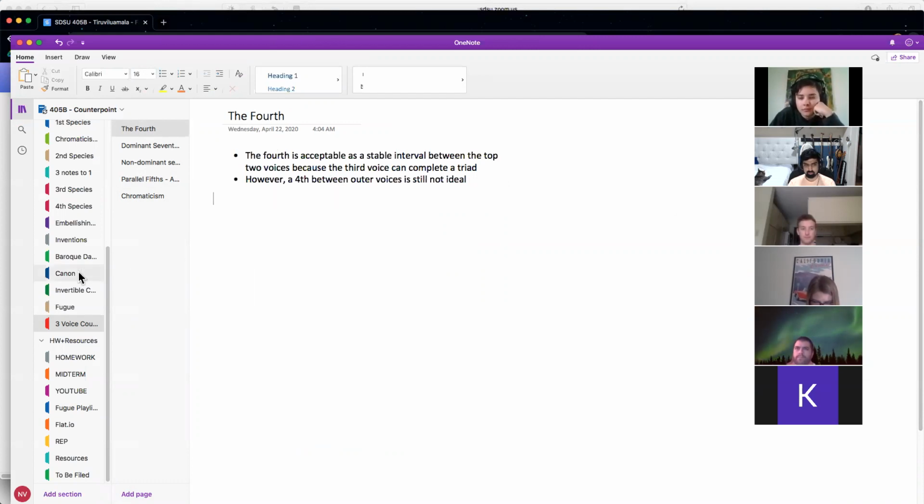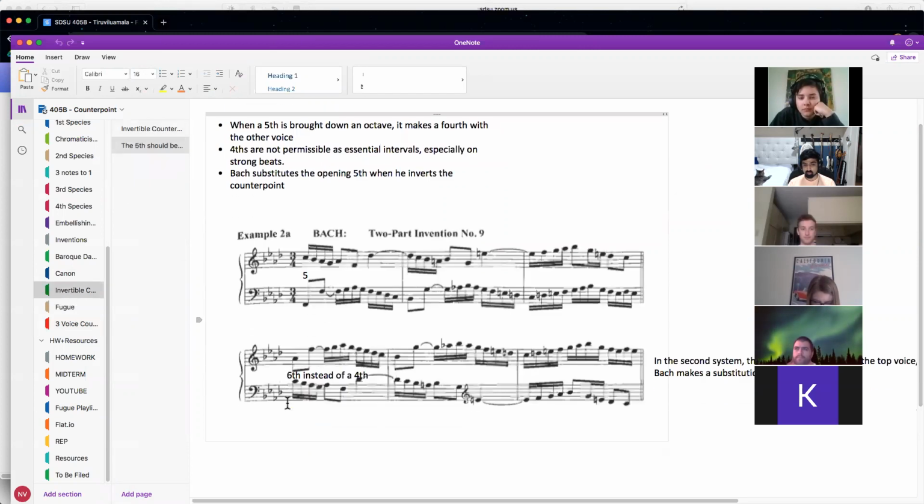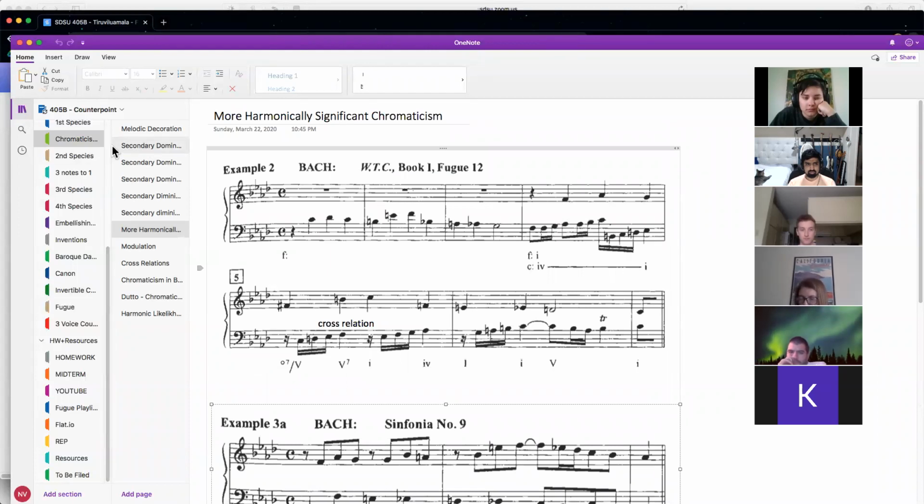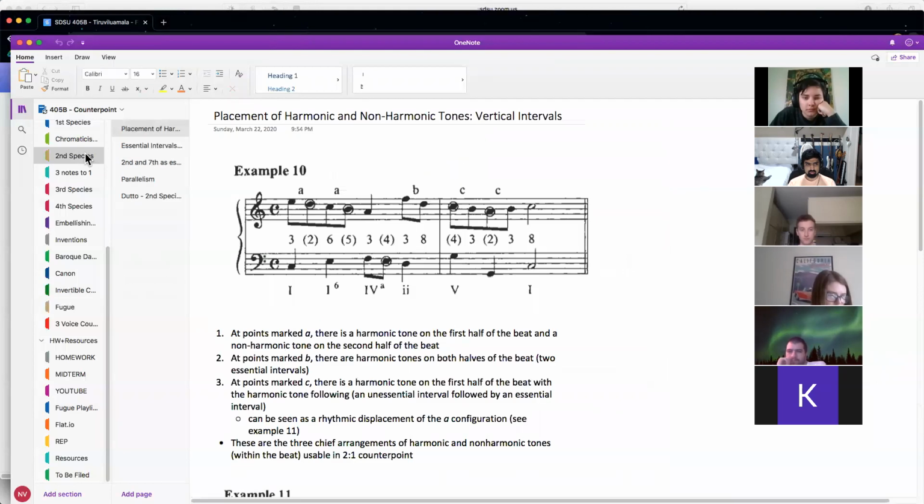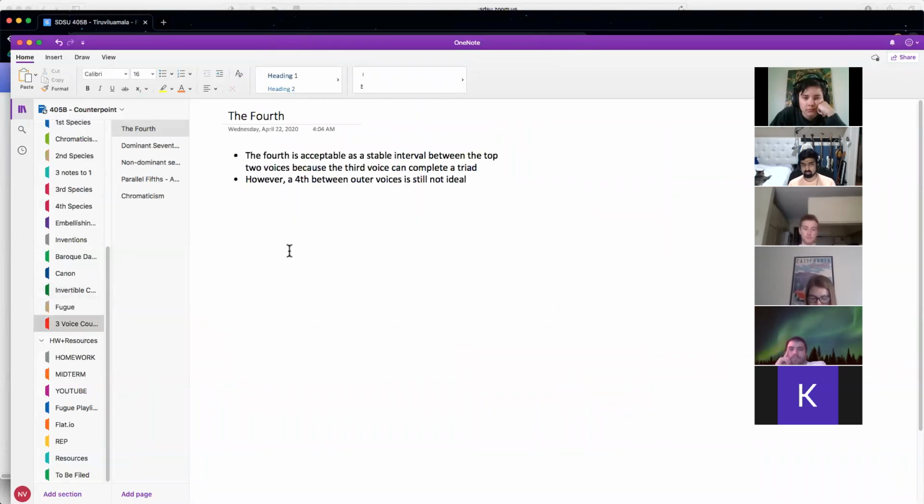We've talked about how Bach specifically goes out of his way to avoid fourths on downbeats, at least on the downbeat of the measure and potentially on other beats. There are certain situations where a fourth will occur, but it's not ideal. This is a rare situation. Ideally, the fourth doesn't occur on a downbeat.